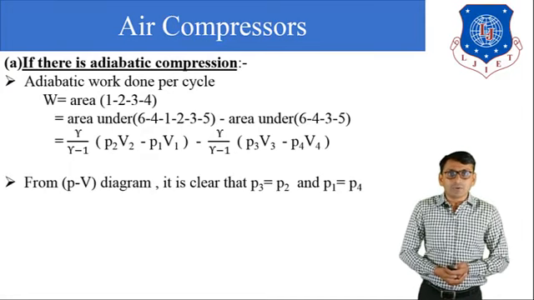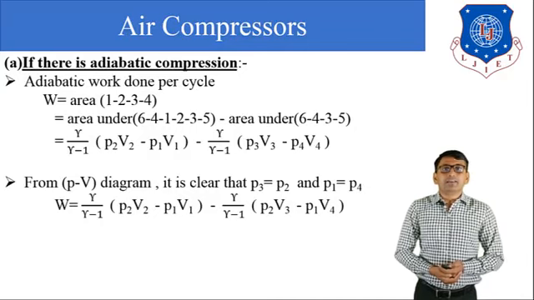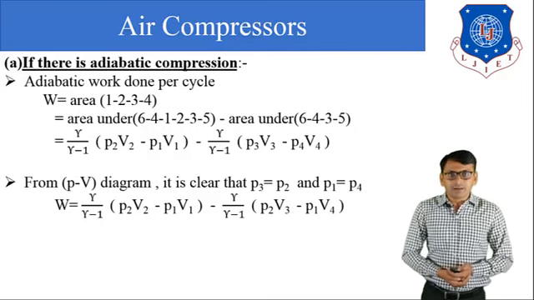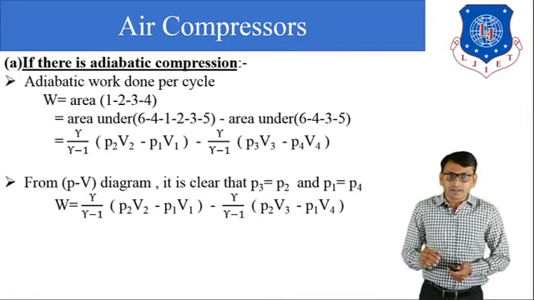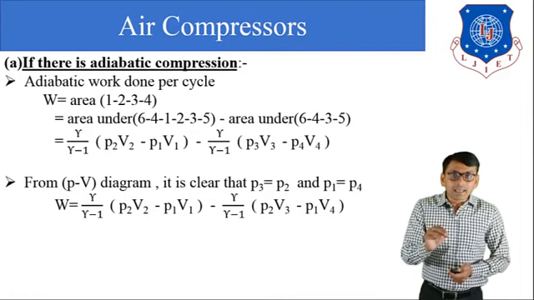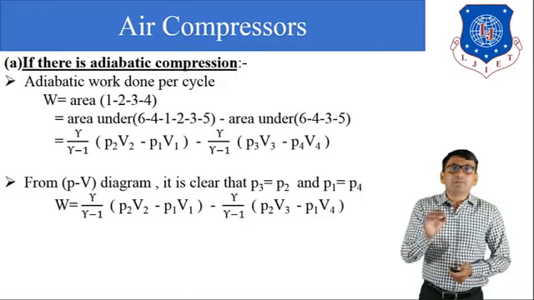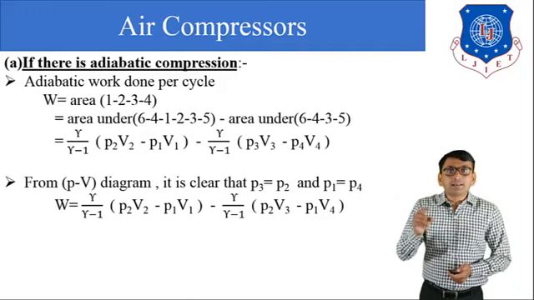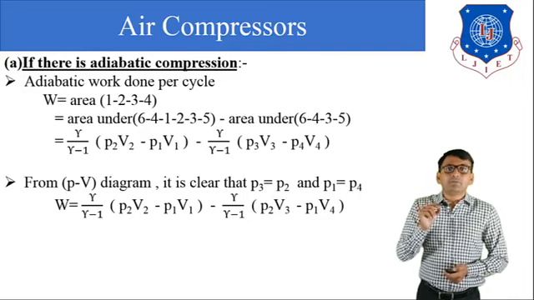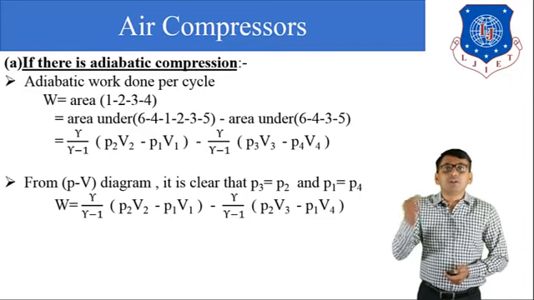Now put this value in the above step, we get W is equal to gamma by gamma minus 1 (P2 V2 minus P1 V1) minus gamma by gamma minus 1 (P2 V3 minus P1 V4). We put P2 in place of P3 and P1 in place of P4.